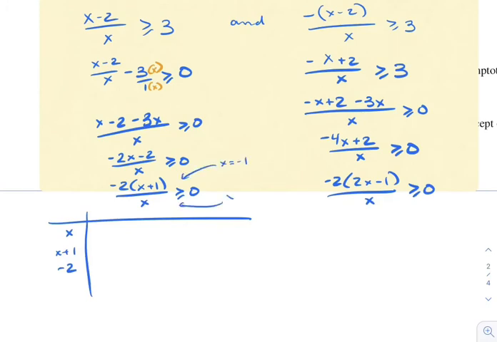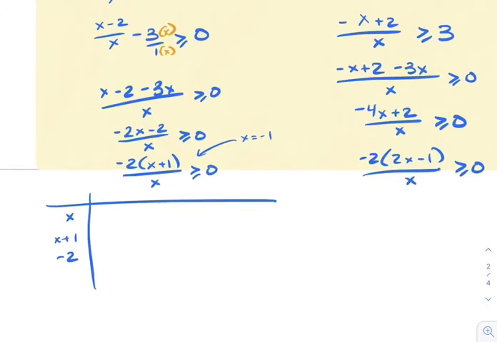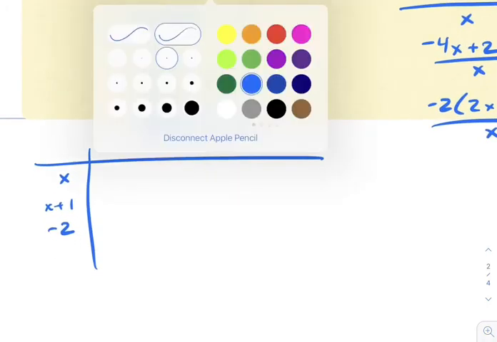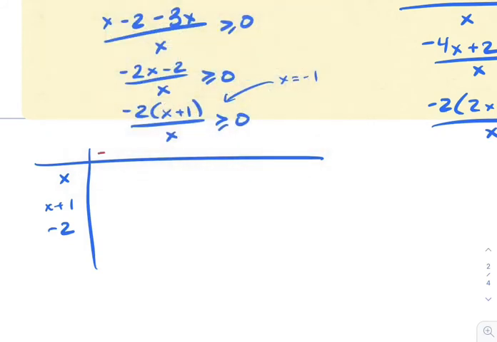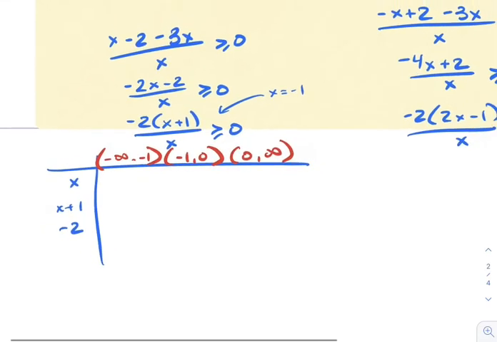Our vertical asymptote happens where x is equal to 0. So I need to break up negative to positive infinity by -1 and 0. So I'm going to do that here. So negative infinity to -1, -1 to 0, and from 0 to infinity.